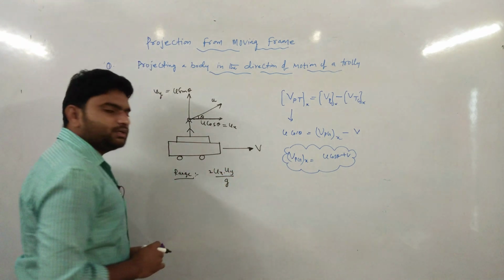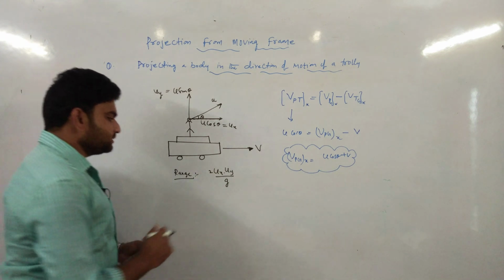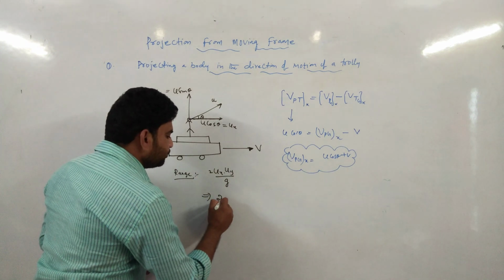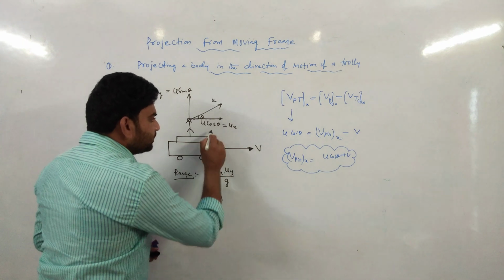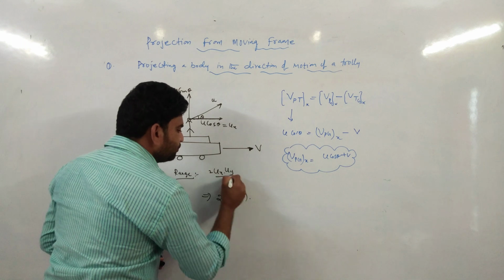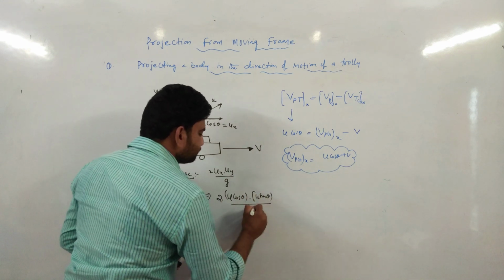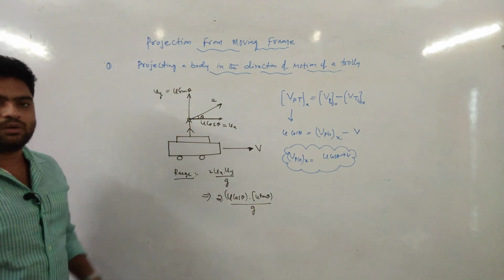This formula we know, right? That is 2u square sin 2 theta by g. We can also write this as 2 into ux, which is generally u cos theta, into uy, which is u sin theta, by g. This is the basic formula that we know.